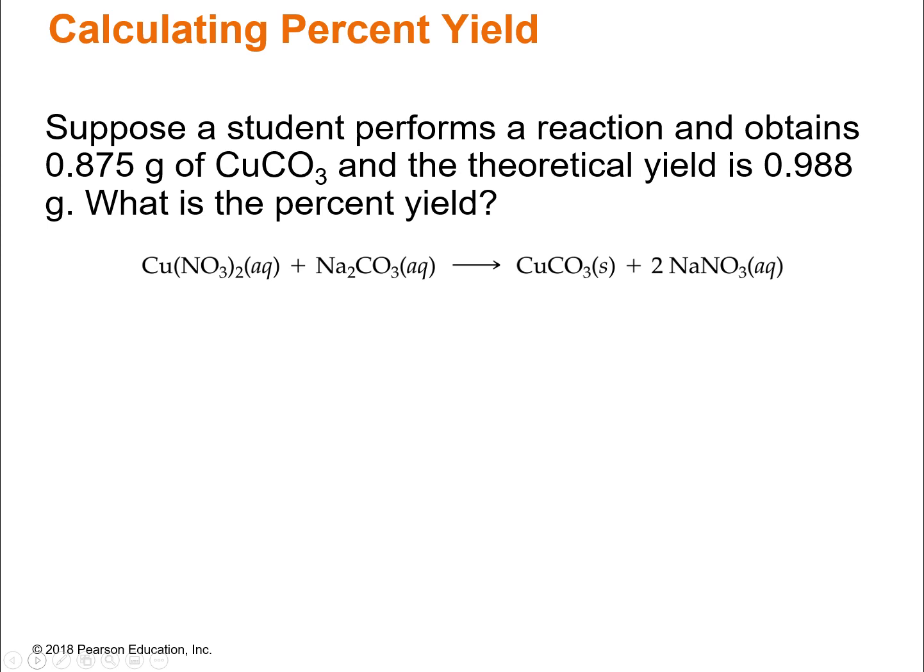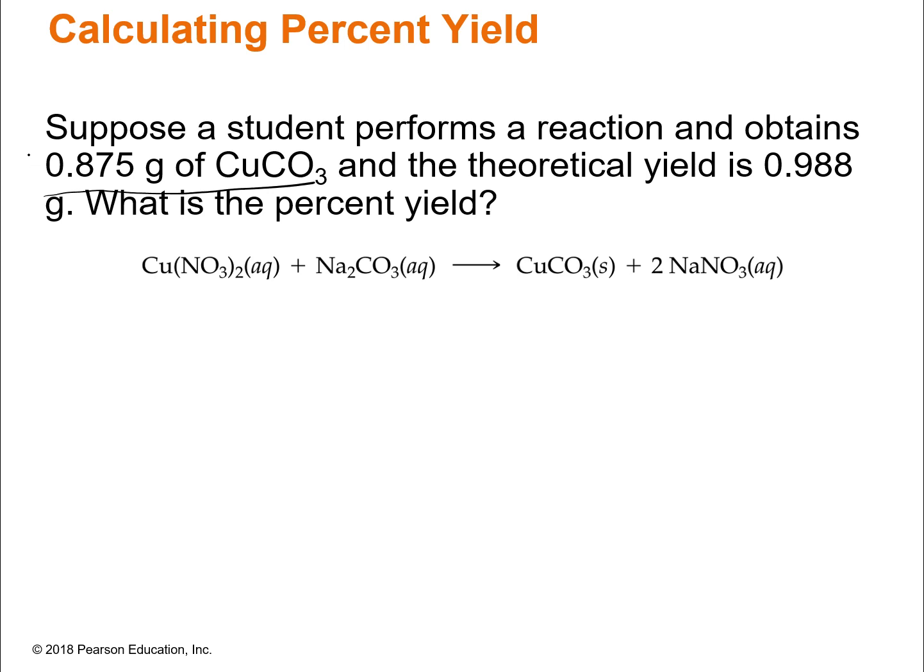For now, we're just going to do the simple problem type. Suppose you perform a reaction, you obtain 0.875 grams of copper carbonate, and the theoretical yield is 0.988 grams. You need to calculate the percent yield.